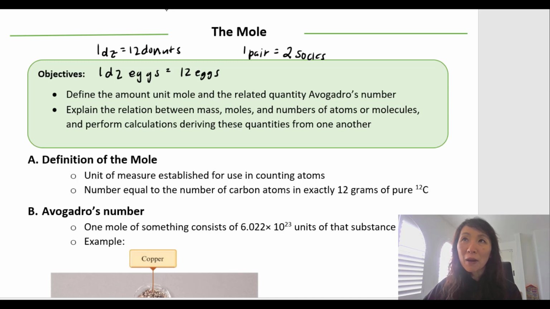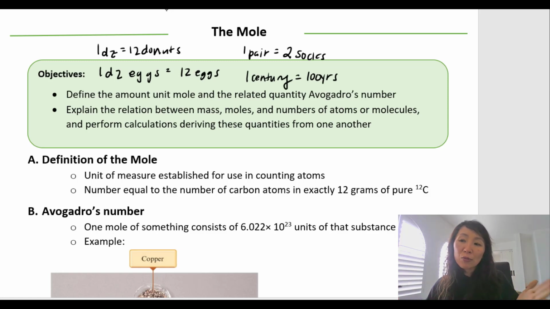Century, if you think about a century of years, 1 century refers to 100 years, right? So that one of something refers to this many years, socks, eggs, donuts, calculators, pencils, right?